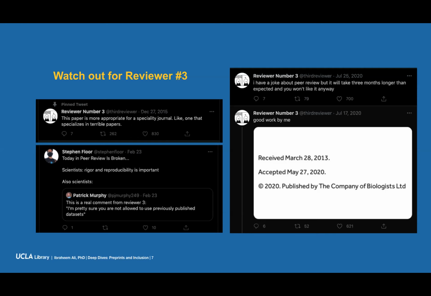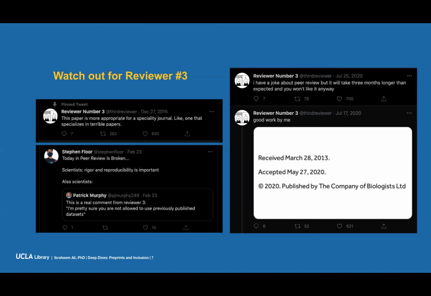So this one says, this paper is more appropriate for a specialty journal, like one that specializes in terrible papers. And this is literally a comment that, not exactly, but the specialty journal is one of the things that we would joke about as reviewers, just reviewing in the context that I did back in grad school.